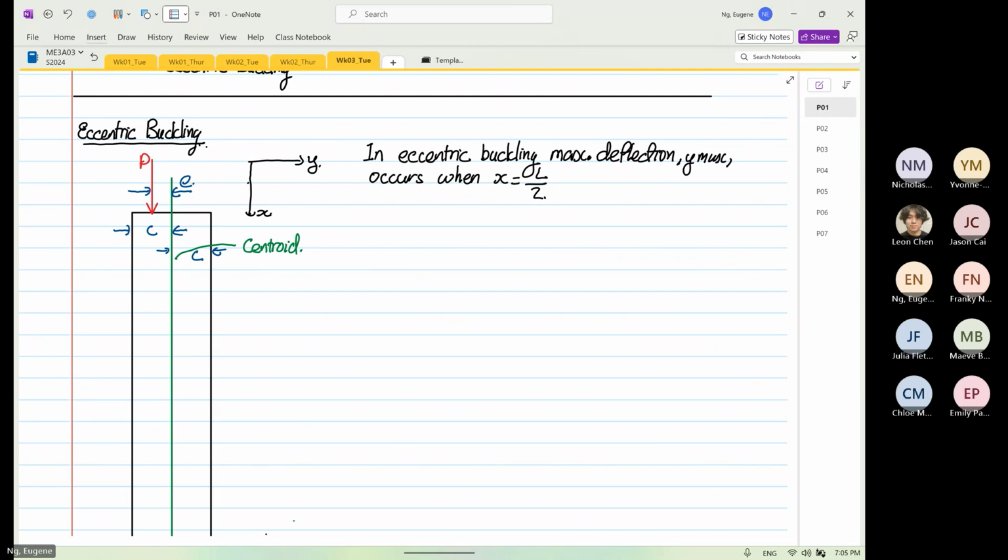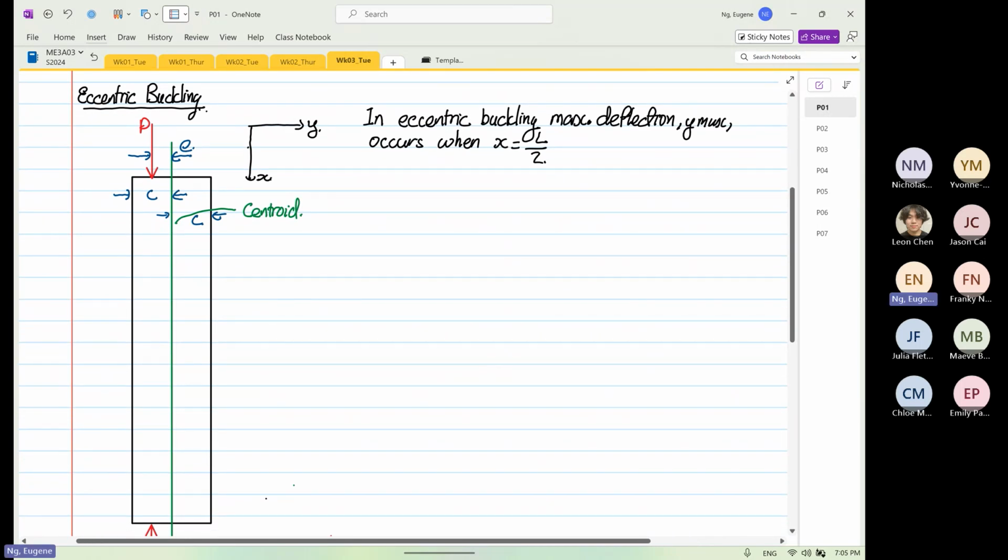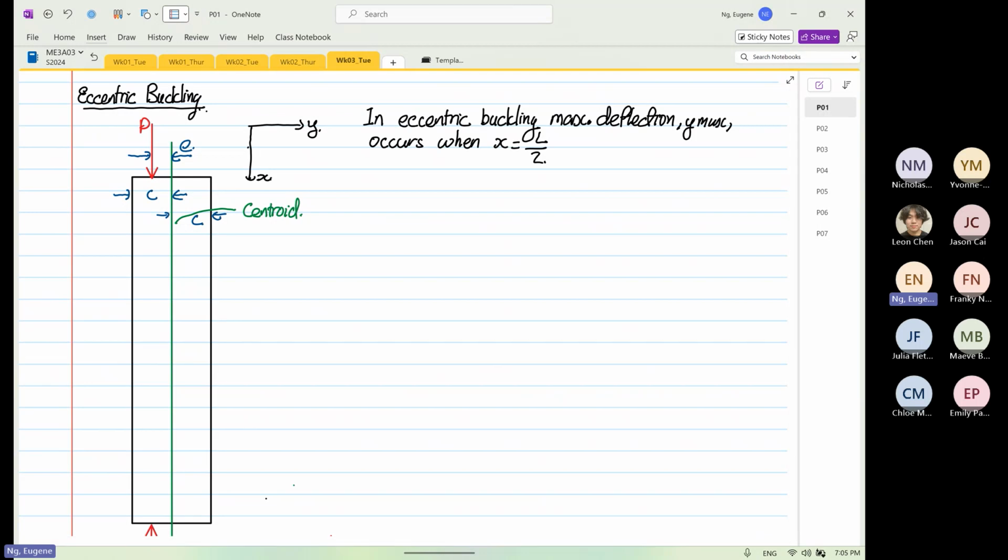The formula we are going to focus on is very different from centric buckling, because in eccentric buckling we are very concerned about Y max.